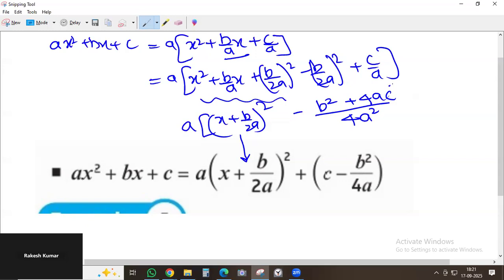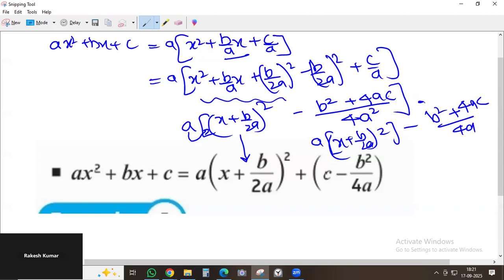Okay, so now if I multiply this, bring this back in, I will get a into x plus b by 2a whole square and minus b square plus 4ac over 4a. I have brought in a. I have multiplied with this, I have multiplied with this.